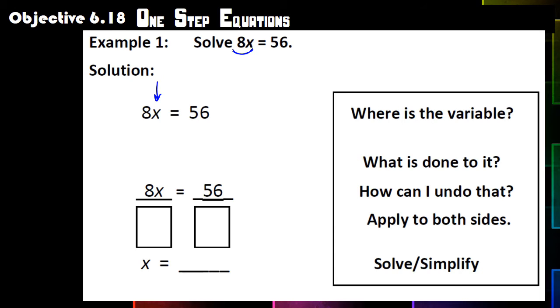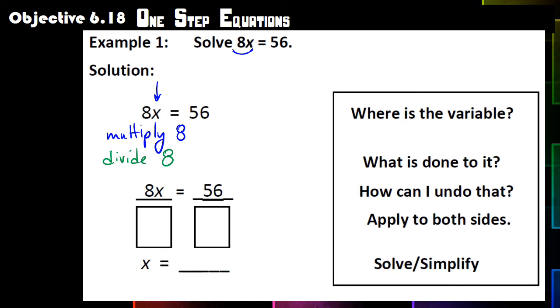Just like what I do on the screen, you're going to follow along in your notes. We need to figure out what's done to this variable on the left side. We know that we are multiplying this variable by 8. And so how we undo this is we divide both sides by 8.